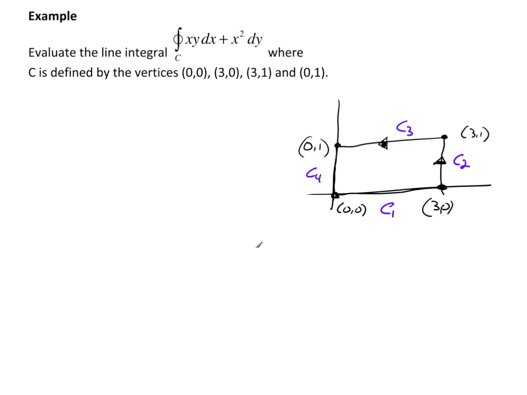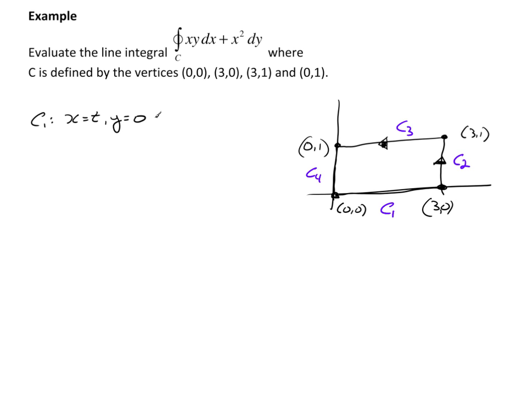So what I can do is I'm just going to evaluate this line integral the way I normally would, breaking it up into 4 sections and take it piece by piece, and I'm going to parameterize each section as a function of t. So looking here at C1, I'm going to let x be equal to t, and of course y is 0.